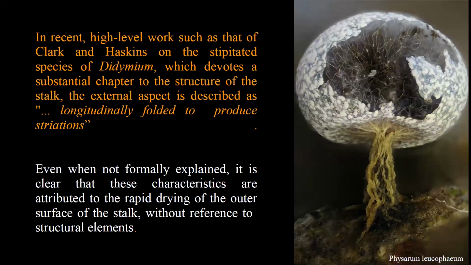In recent high-level work, such as that of Clark and Haskins on the precipitated species of Didymium, which devotes a substantial chapter to the structure of the stalk, the external aspect is described as longitudinally folded to produce striation. Even if not formally explained, it is clear that these characteristics are attributed to the rapid drying of the outer surface of the stalk, without reference to structural elements.